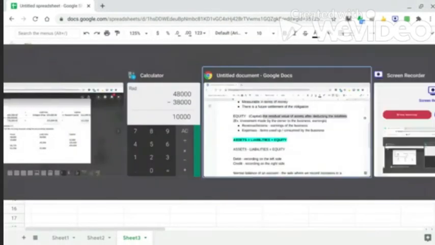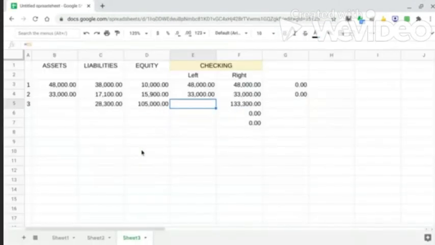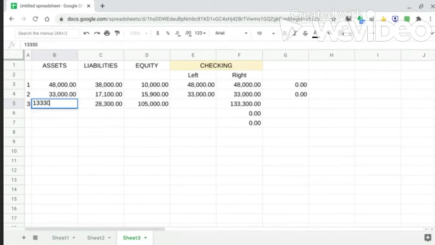So let's add liability and equity here, the right side: 28,300 pesos plus 105,000 pesos. We will get 133,300 pesos, which will be the value of our assets here. So let's drag it down. There you go. So very easy, diba?